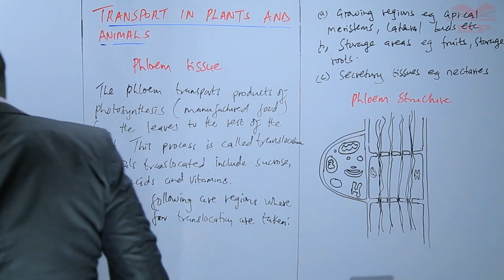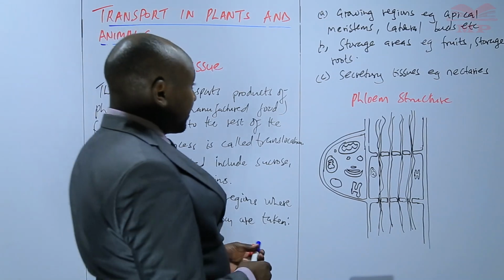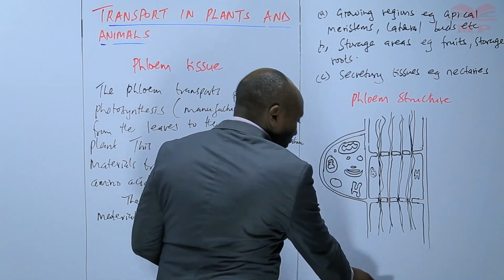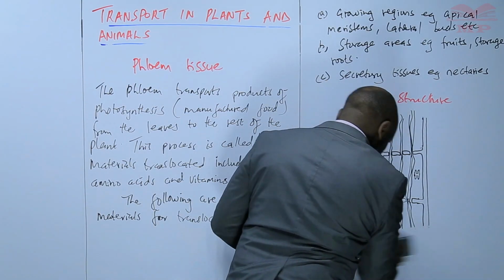So the structure of the phloem tissue looks like that.